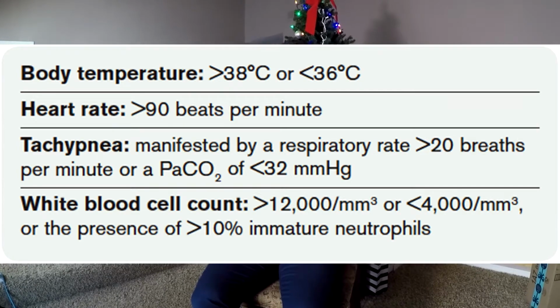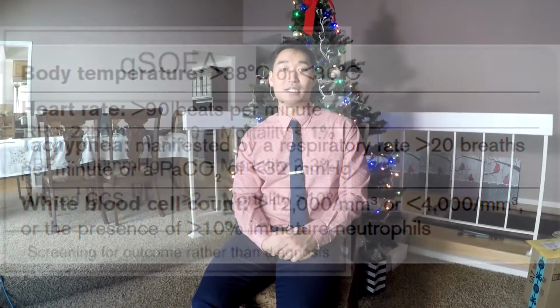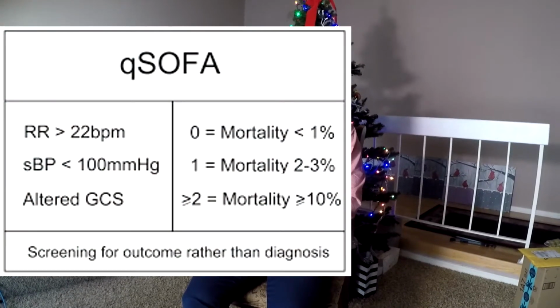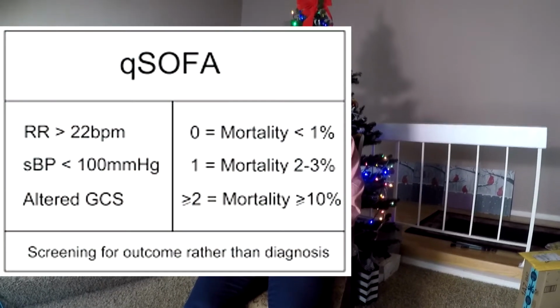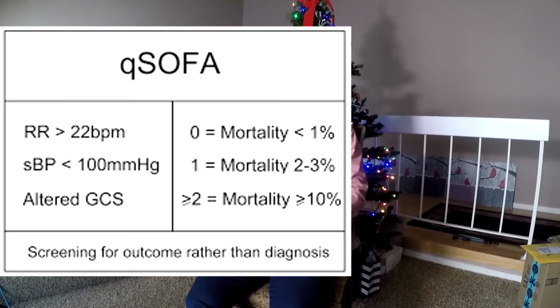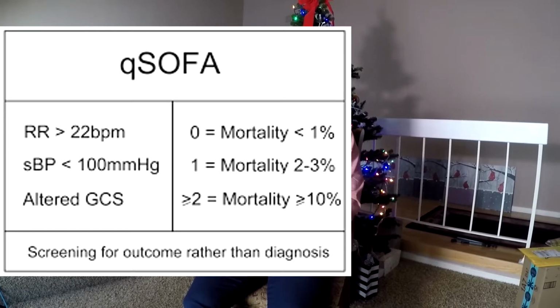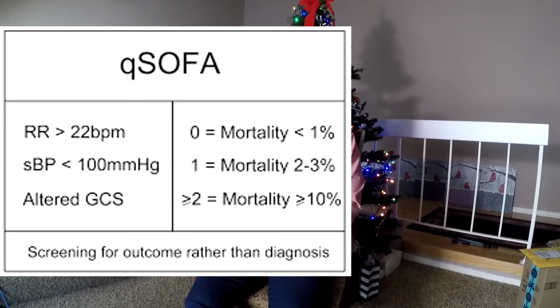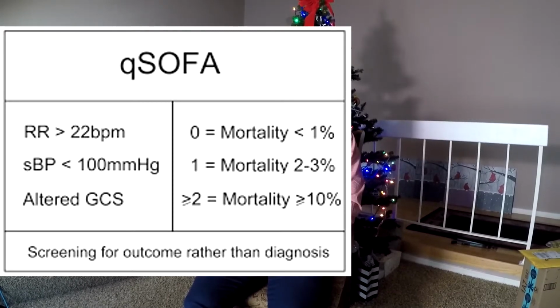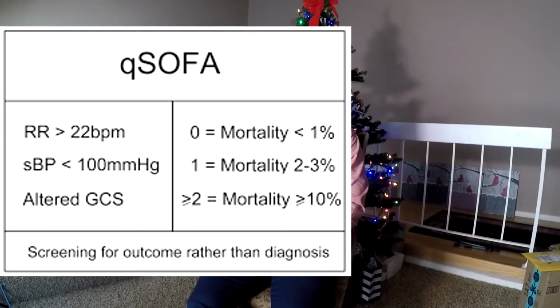Now there are other criteria besides SIRS criteria to indicate whether a patient is going to progress to severe infection. Recently there is the SOFA criteria, or qSOFA for a quick version, which has a different but similar set of criteria: the mental status of the patient using the Glasgow Coma Scale, and then the systolic blood pressure less than 100 or respiratory rate greater than 22.